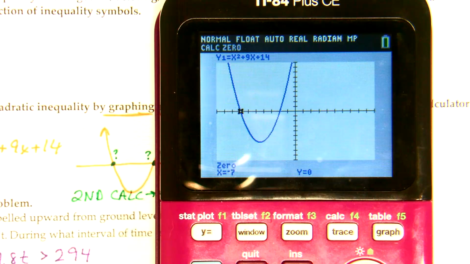Now, I've noticed your guess doesn't have to be that accurate, does it? No, it does not. That's what I thought. You're talking about when you arrow back. Yeah. In all honesty, move over a little bit, press enter, and then it'll give it. I'm not even sure you have to move that cursor for the guess. When you would have to is if you have 2 zeros inside your left bound and right bound.